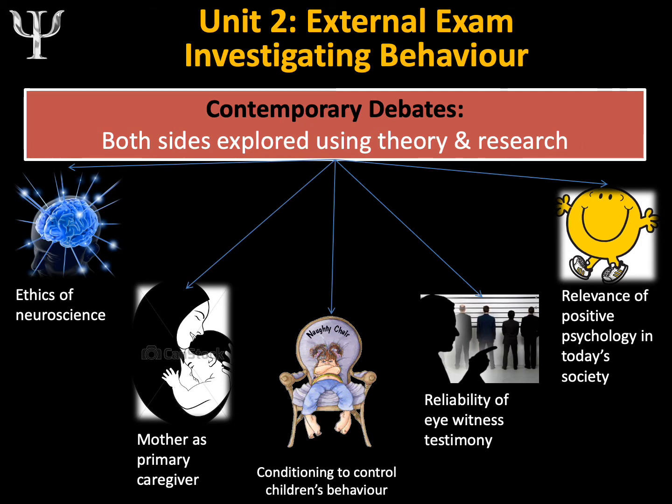And eyewitness testimony is an example of that, because as eyewitnesses, we rely on our memories. And a lot of research by cognitive psychologists tells us that our memories are not actually as reliable as we would like them to be.